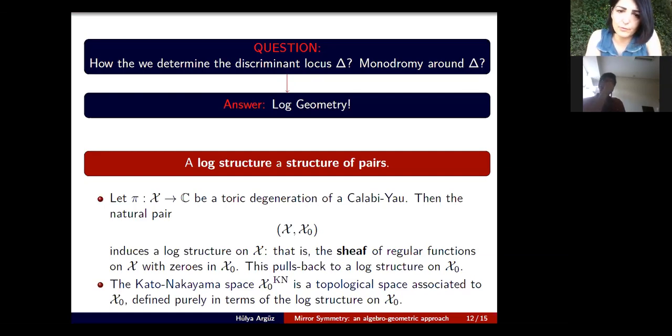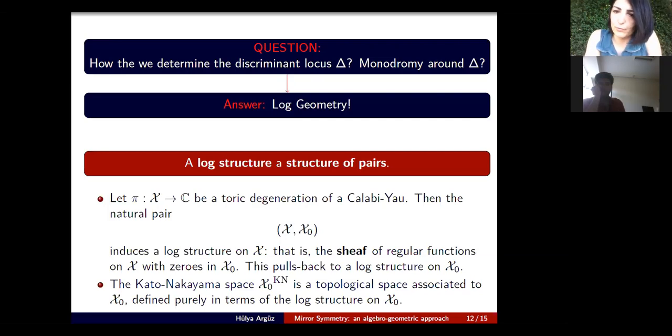So you can think of a log structure as a structure of pairs. And if you're in a degeneration situation, then there's a natural pair you can consider, given by the total space of the degeneration and the central fiber. If you look at the total space and consider the sheaf of regular functions on it with zeros on the central fiber, this is a log structure on the total space.